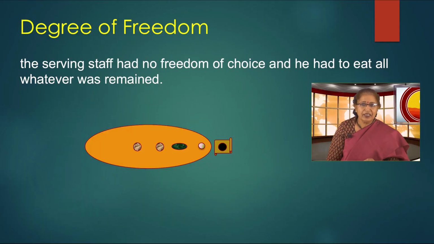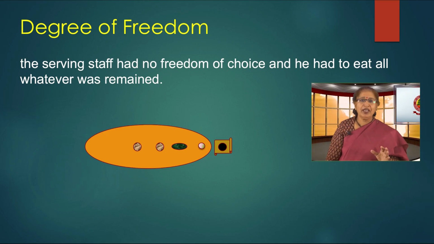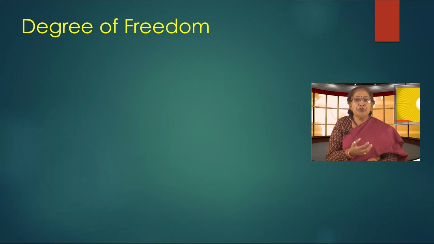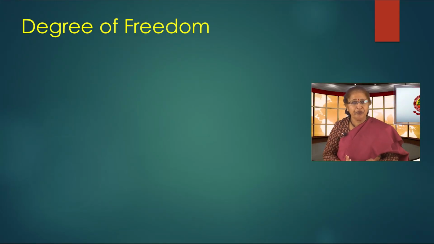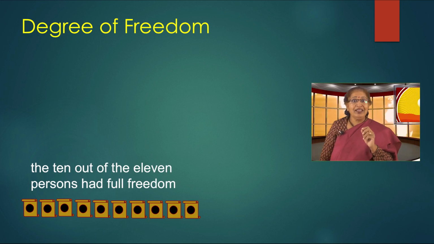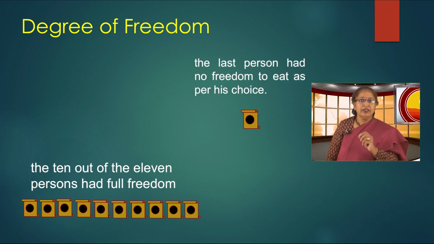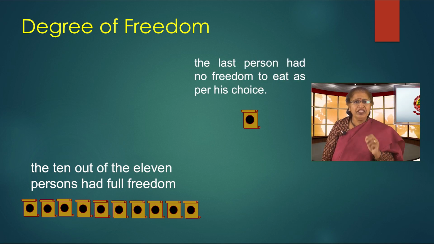Therefore, the serving staff had no choice and he had to eat whatever remained. In this case, if we analyze the situation in terms of freedom for eating as per one's own choice, 10 out of the 11 persons had full freedom, whereas the last person, the serving staff, had no freedom to eat as per his choice.